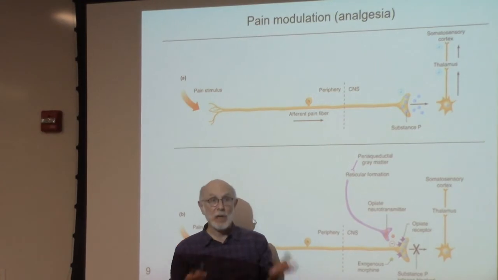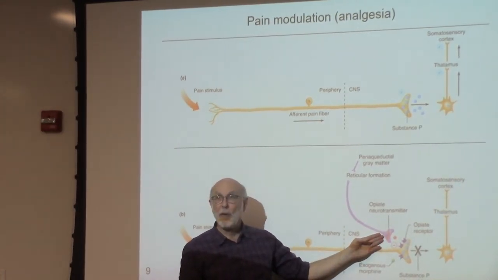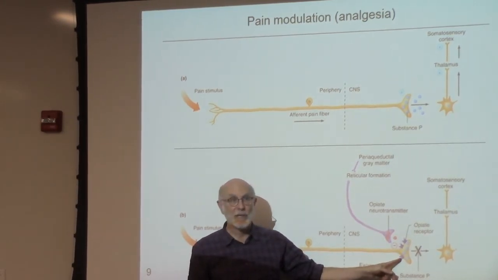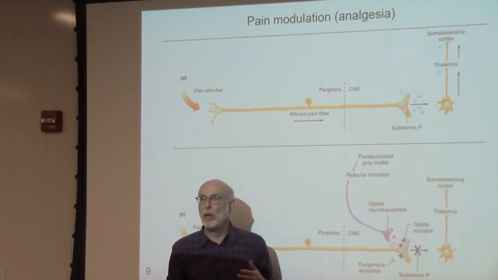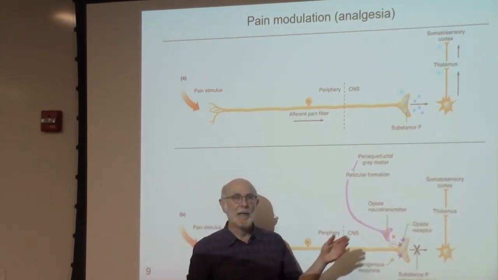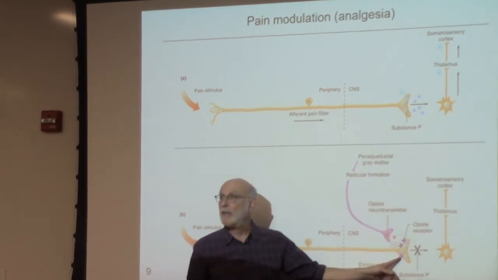Or you can take drugs that activate these receptors. So this is the endogenous pathway. Opioids and endorphins activate these presynaptic inhibitory receptors, or oxycodone, or what is Demerol, the drugs that you can be prescribed for pain, also activate these presynaptic receptors.